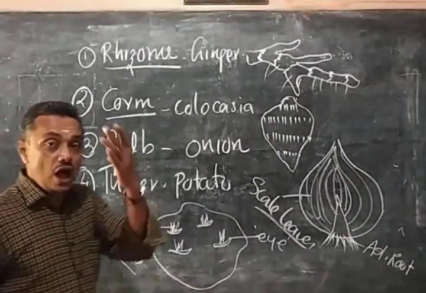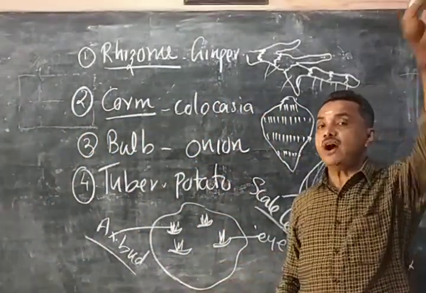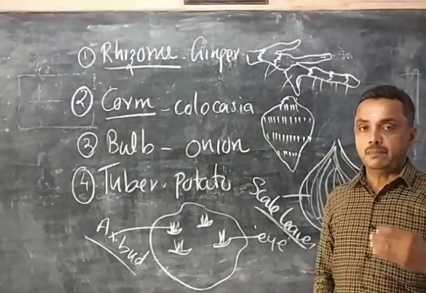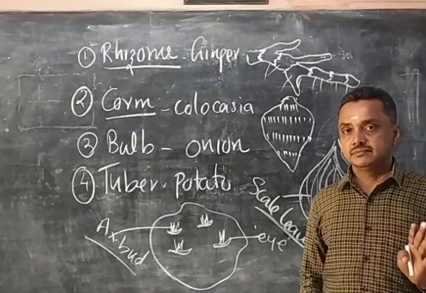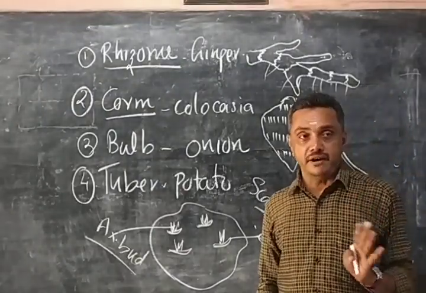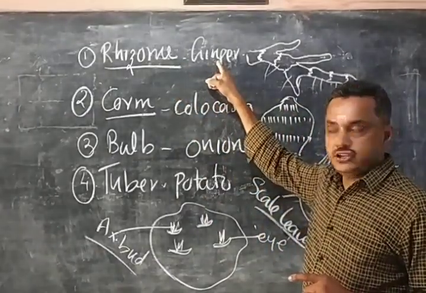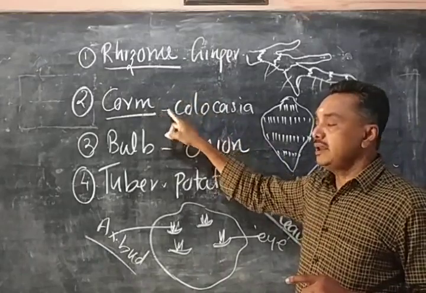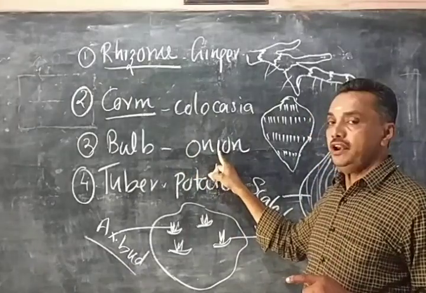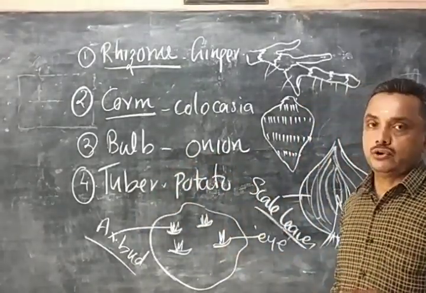You see, all are underground stems having the same function: storage of material and vegetative multiplication. So the function is the same, but the structures are different. So remember: rhizome in plants like ginger, corm in plants like colocasia, bulb in plants like onion, tuber in plants like potato.